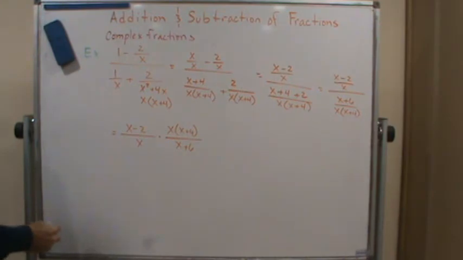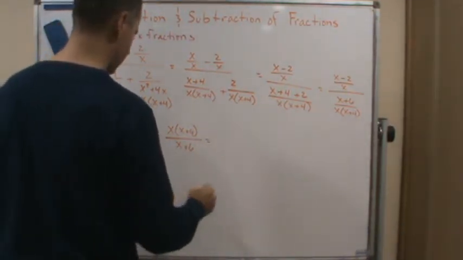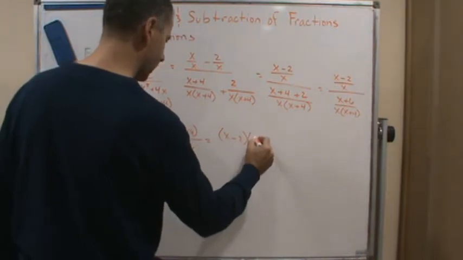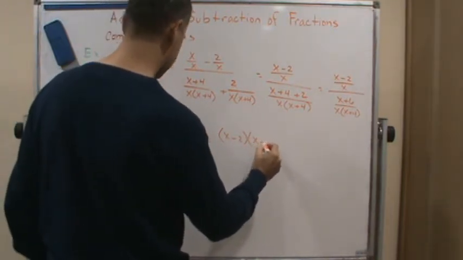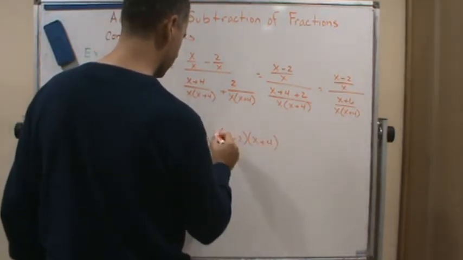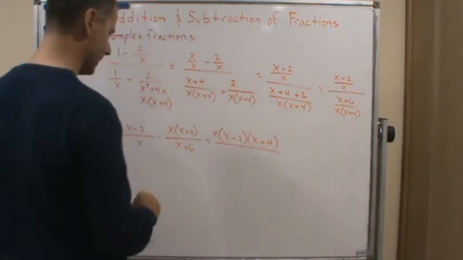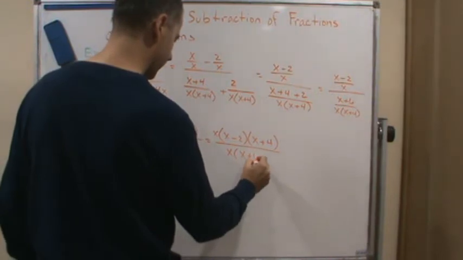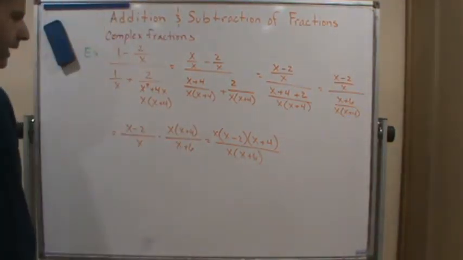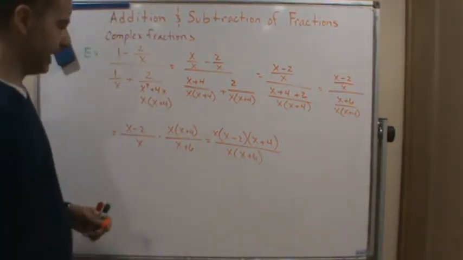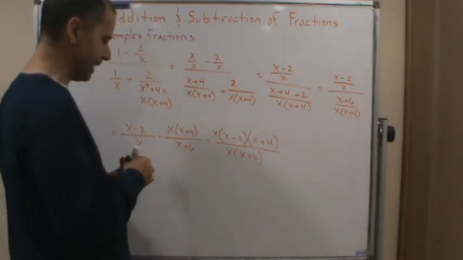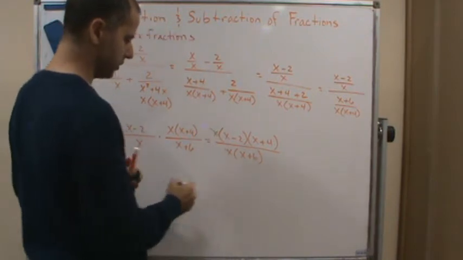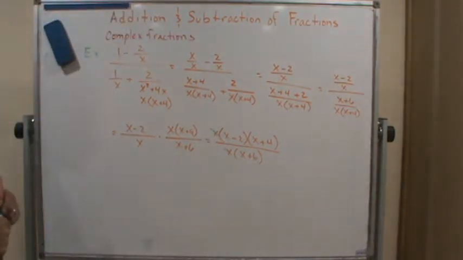And so now here we're going to combine again. So we're going to get x minus 2 times x plus 4 times x on the top, and on the bottom we get x times x plus 6. And now we look for things we can cancel, and so we can see right away that the x and the x, these common factors, will divide each other out, right?